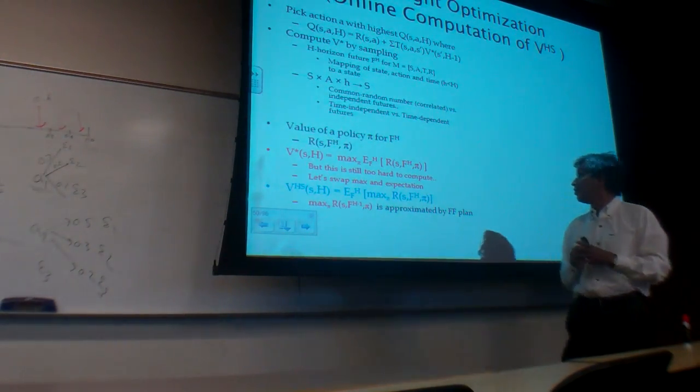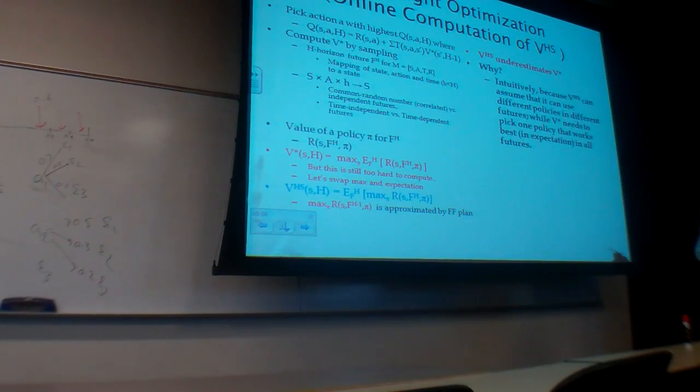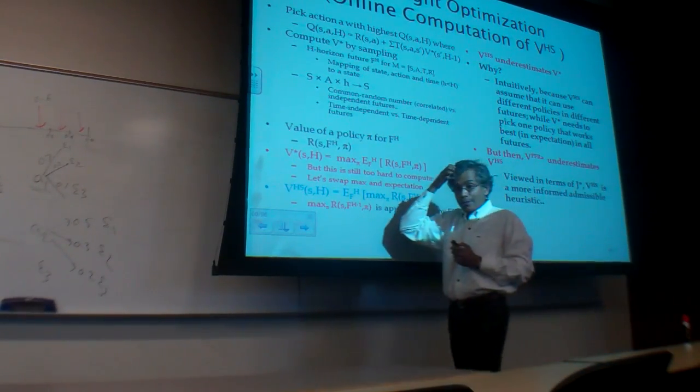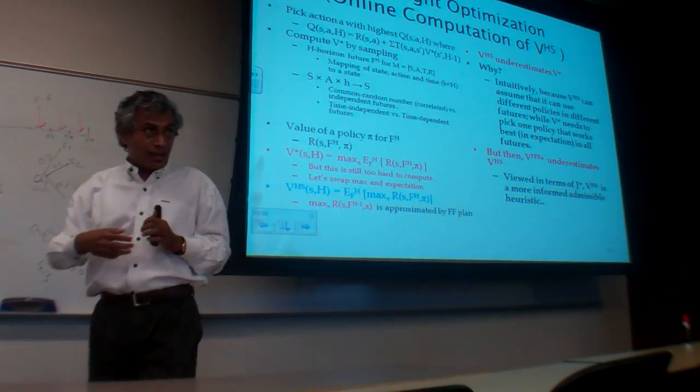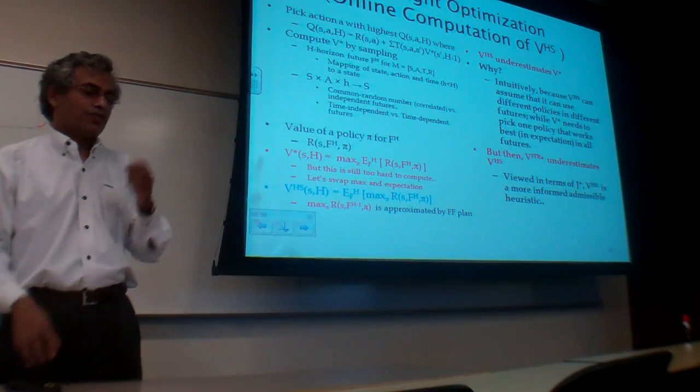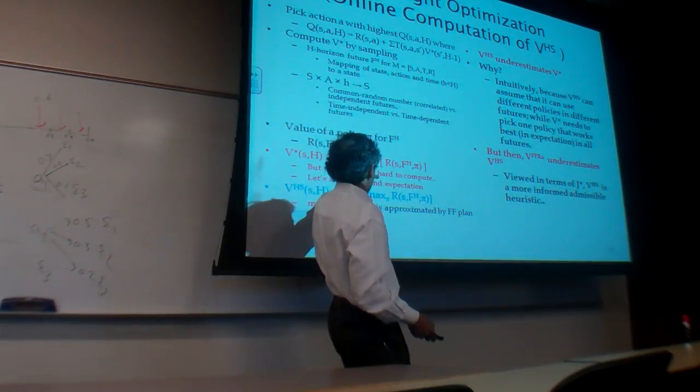Okay? So that's basically what I just said. And then, the other interesting point is that all outcome determinization also can be seen as a value function. Actually, I misspoke here.